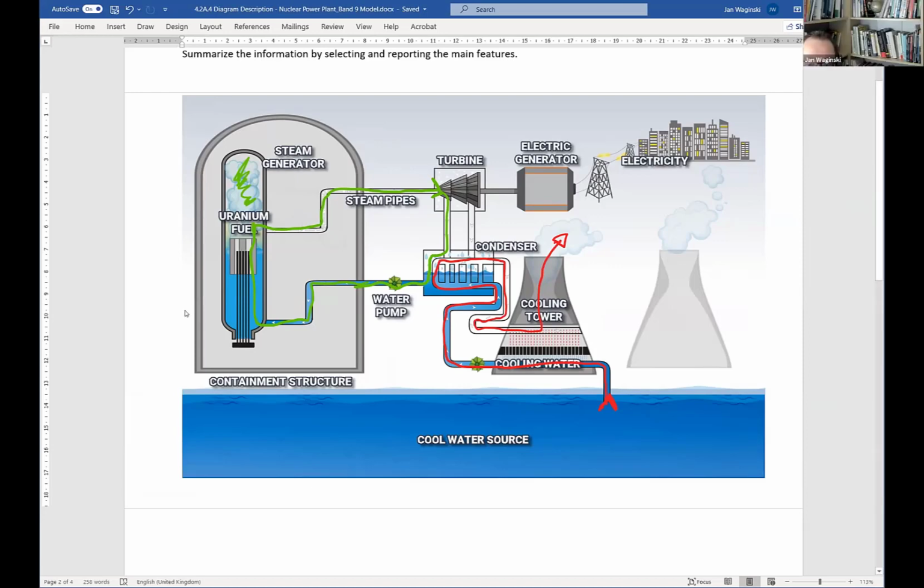Yeah, but this steam that's in here never leaves the closed system. When it condenses, it condenses in this vessel, where it's cooled down by this cool fresh water, that's the red line. But these water sources don't need to touch each other.